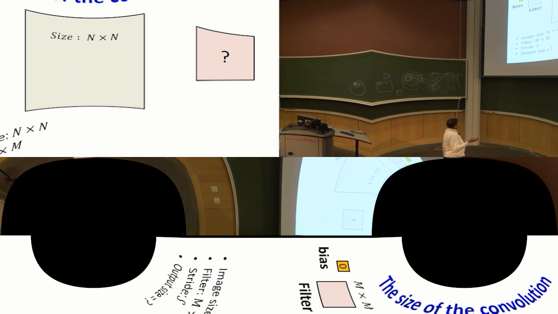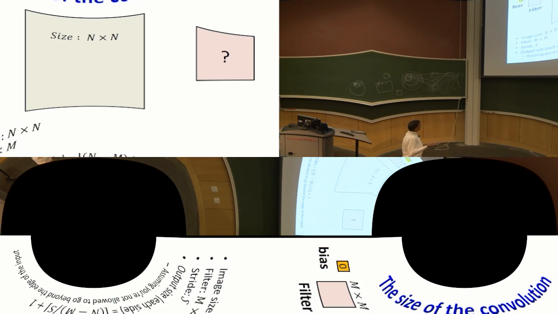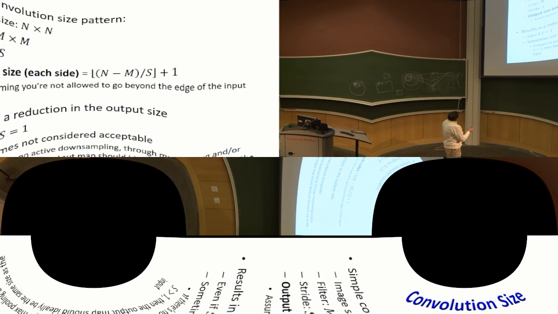And if I use a stride of s, it's just going to be divided by s. There's a floor issue, so it's going to be (n minus m) over s plus 1. So for a simple convolution, if you have an image of n cross n and a filter of m cross m and a stride of s, that's going to be the output size.